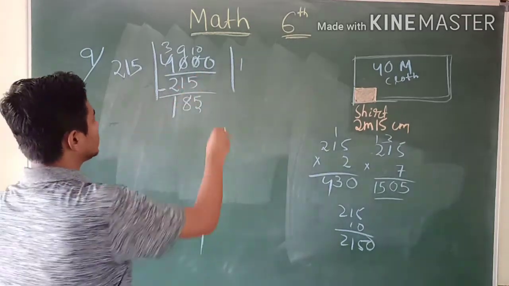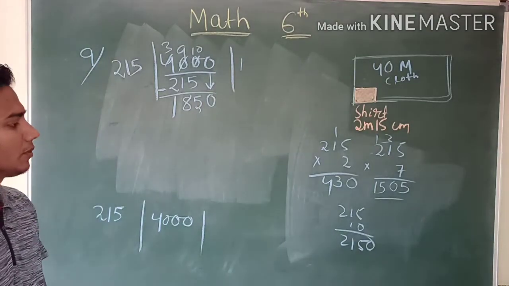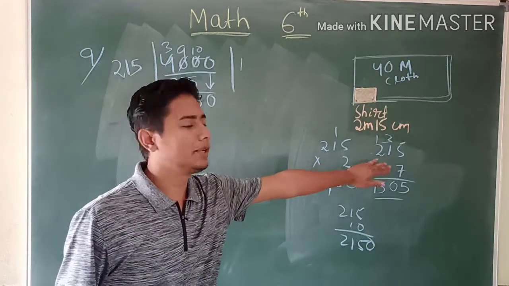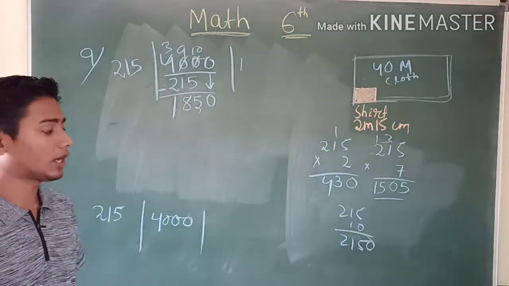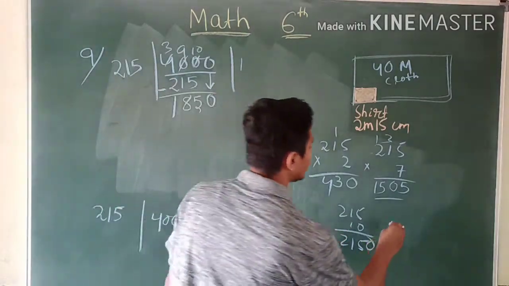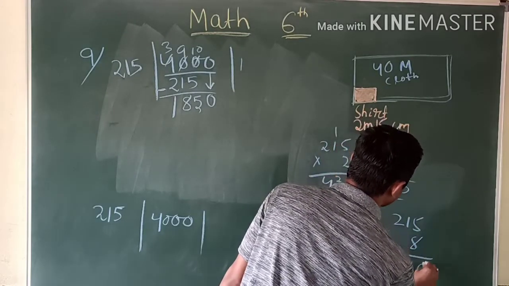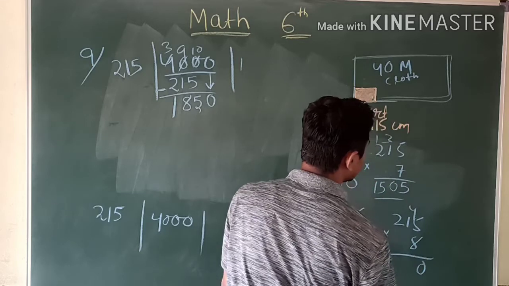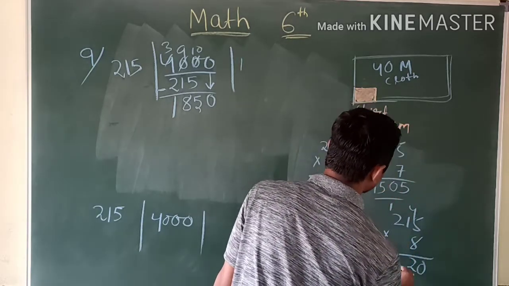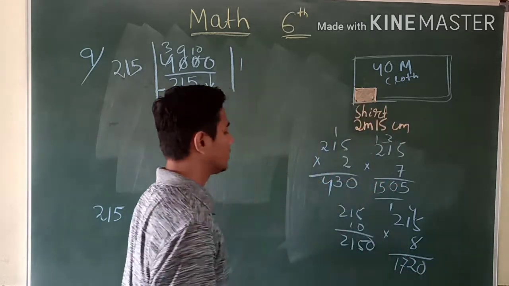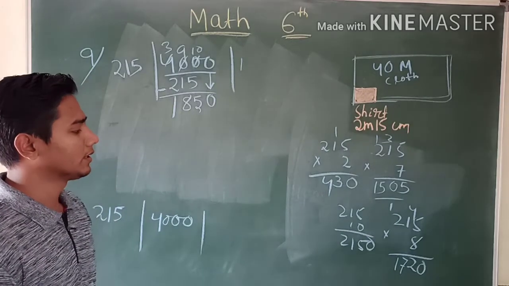Now this 0 comes down. Now think which number I put. Already 215 into 7 is 1505, 215 into 10 is 2150. Now try 215 into 8. 8 5s are 40, carry 4. 8 1s are 8 plus 4 is 12, carry 1. 8 2s are 16 plus 1 is 17. 1720.